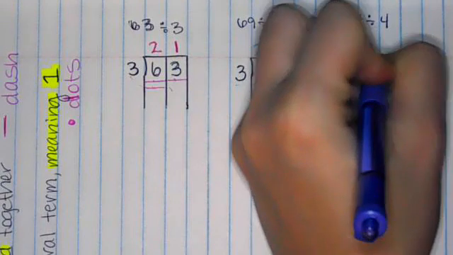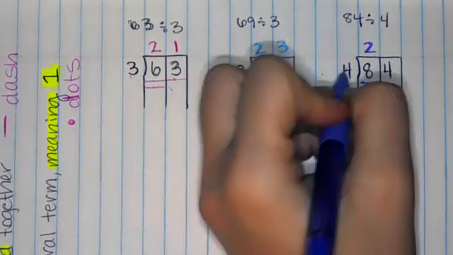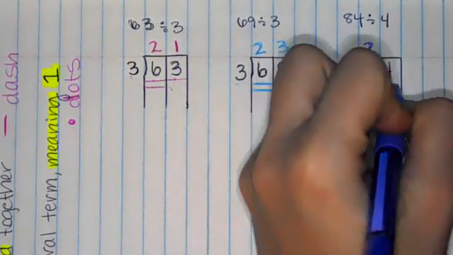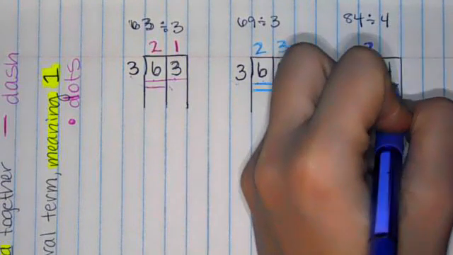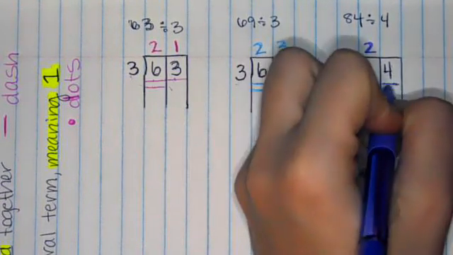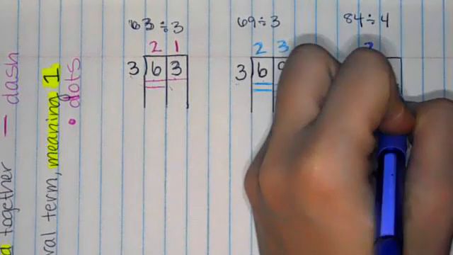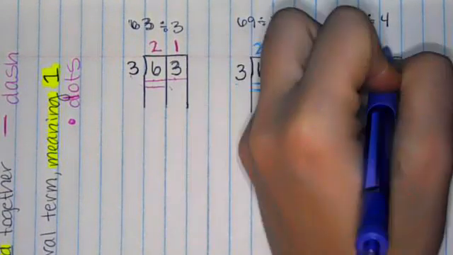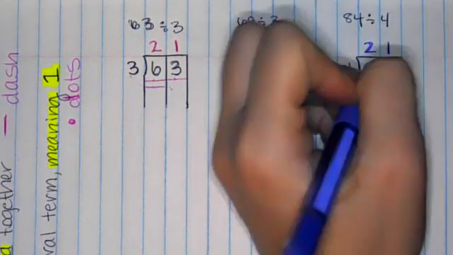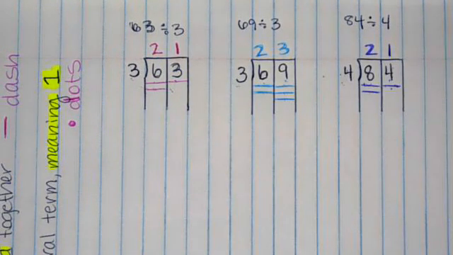Put 2 in the quotient. Now 4 divided by 4. 4 times 1 is 4. There's 1 dash. I put 1 in the quotient. 84 divided by 4 is 21.